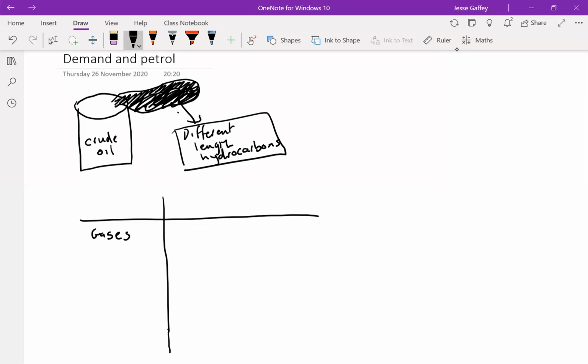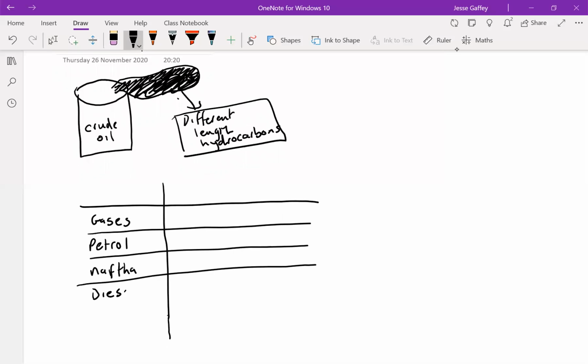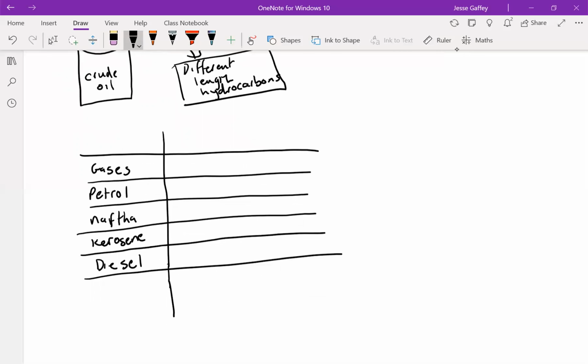The different fractions are gases, petrol, naphtha, kerosene, sorry, I missed one, diesel, fuel oil, and finally residue or bitumen.